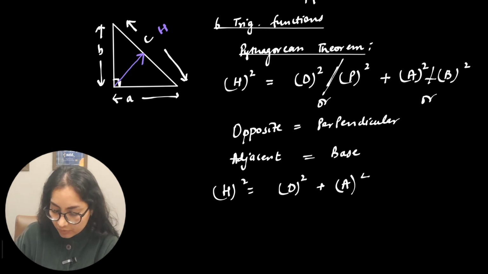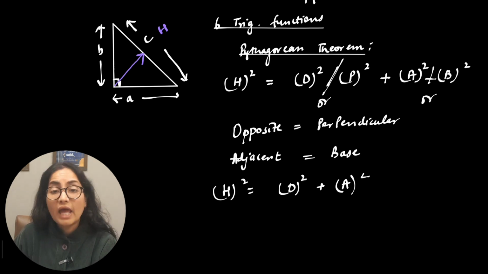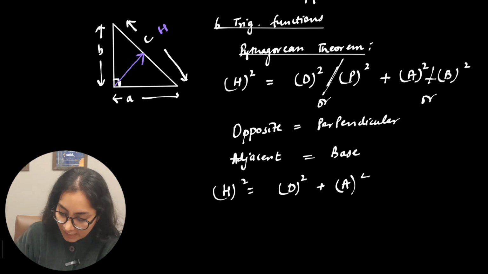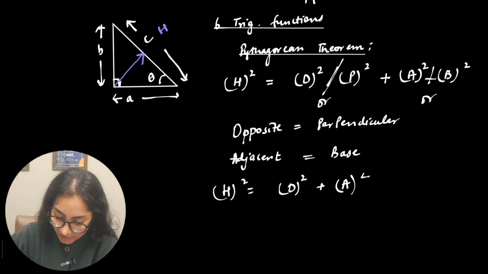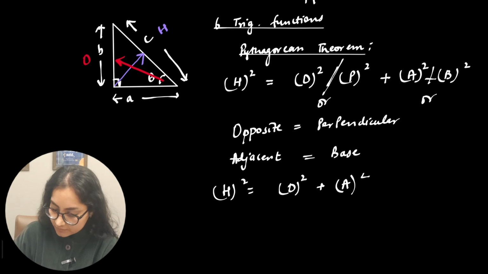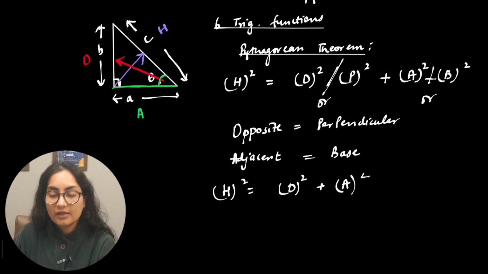And the side which is opposite to the angle, suppose my angle is here. I have drawn my angle theta here. So the side opposite to theta is called opposite, and the side adjacent to our angle is called adjacent.